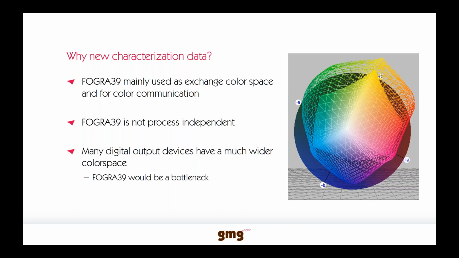It has been replaced by FOGRA51, which is the actual description of a print according to ISO 12647-2 on coated paper. Okay, so FOGRA39, when used as an exchange color space, is a bottleneck.